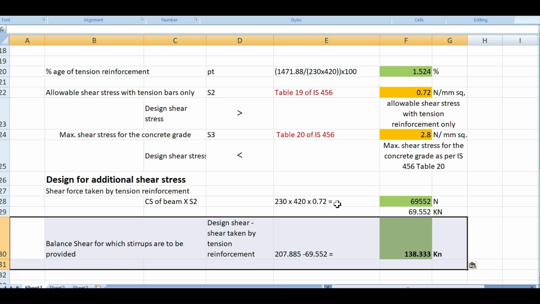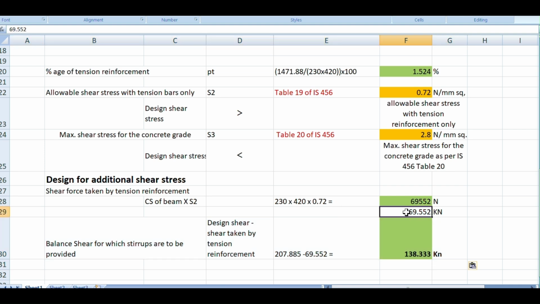This is the shear force which can be taken by the tension rod reinforcement only. The available shear is 207.88 kilonewton. The shear taken by the tension rod is 69.552. The balance is 138.33 kilonewton, the balance shear for which we have to provide additional reinforcement.